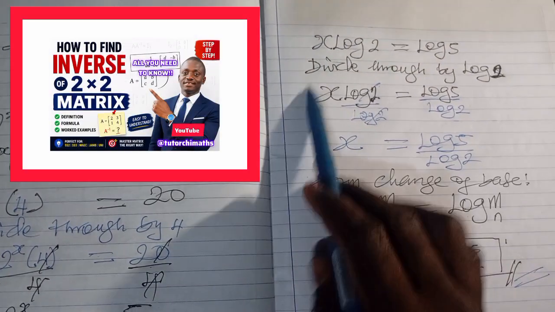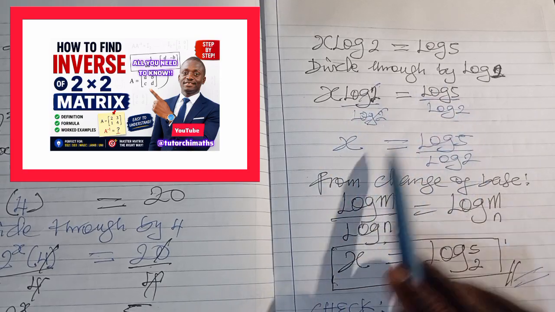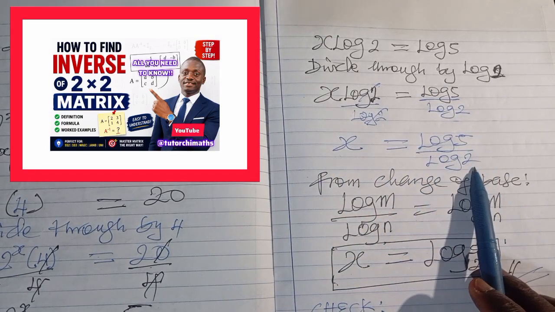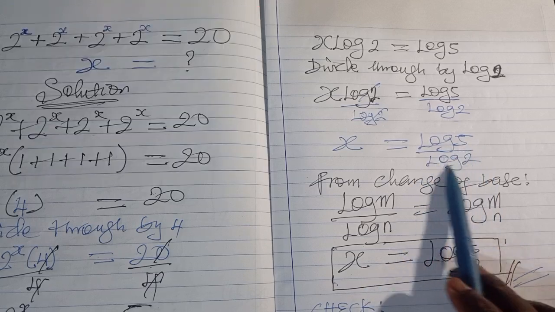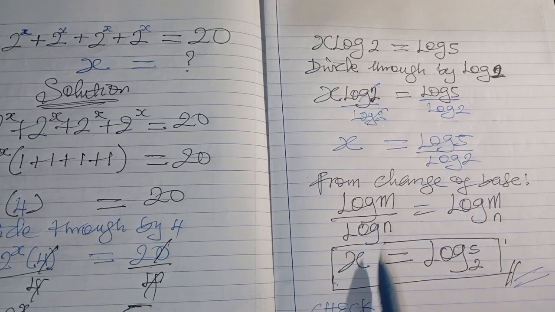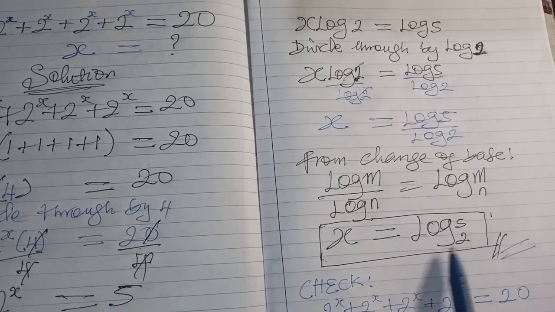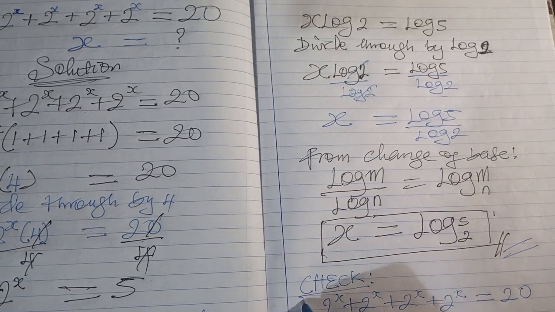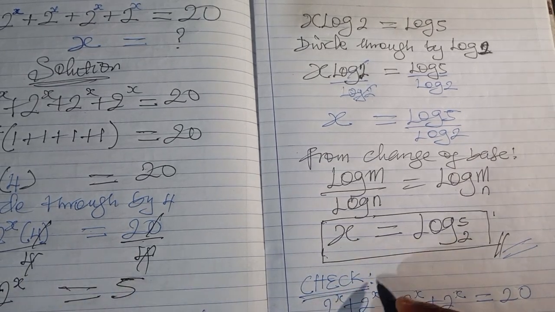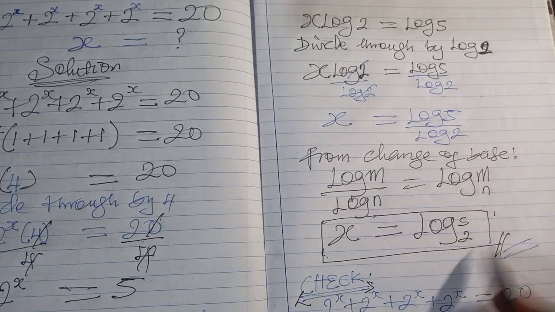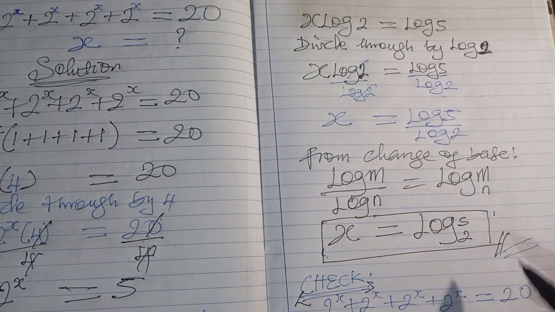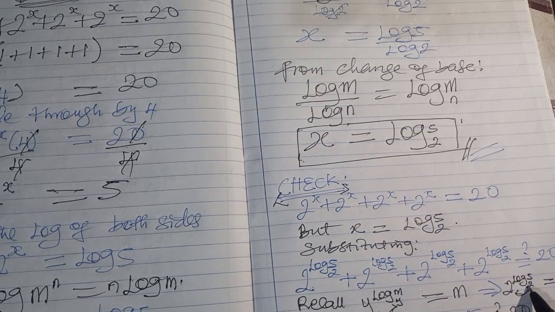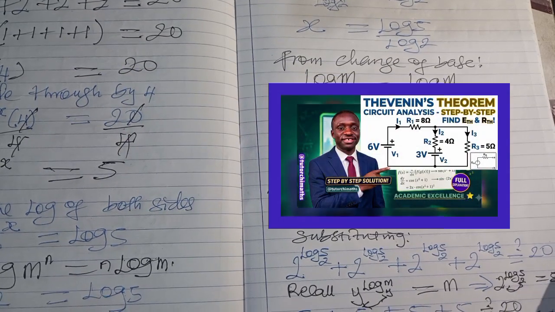When you do it, you find x as log 5 divided by log 2. From change of base, the value of x is log 5 base 2. If you then check, you observe that the value of x equals log 5 base 2 when you apply what we call the inverse property of logarithm.